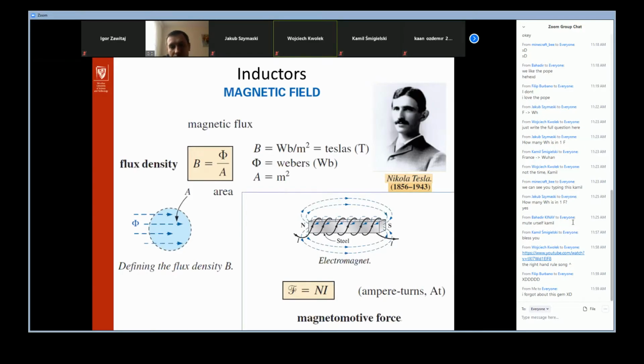And we also know that the magnetic field is produced by the current. If the current is going up, a higher magnetic field is produced. That's why the magnetomotive force depends on the number of turns and the current value.